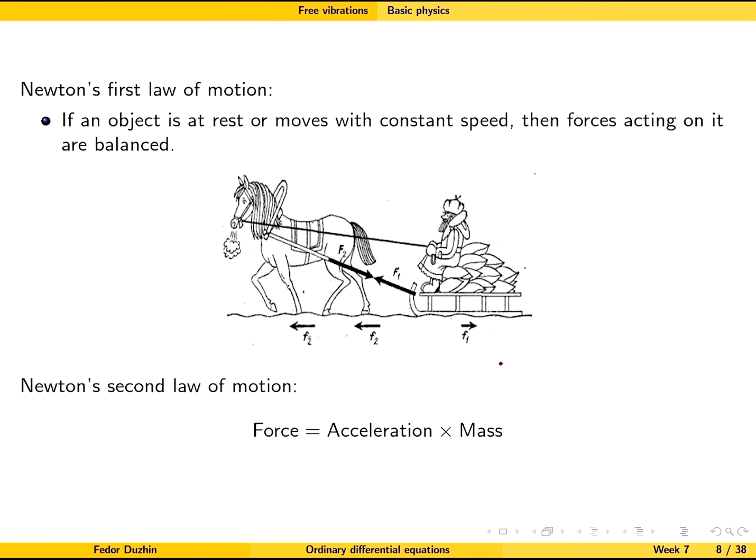Before we do that, let's begin with some simple stuff. Let's review some basic physics. Newton's first law of motion: if an object is moving at a constant speed, then the forces acting on it are balanced. By balanced forces, I mean that all forces are vectors, so forces are like arrows.